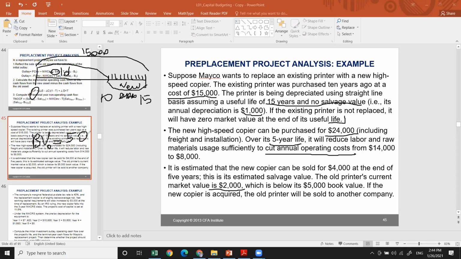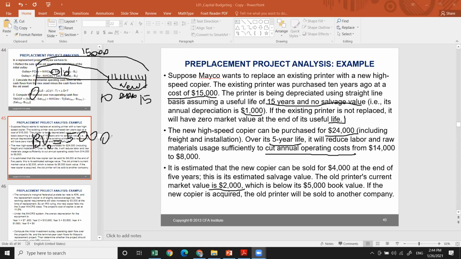How did we estimate that? We are in the 10th year. The book value is 5,000 because we have 5 extra years of life of the printer, and depreciation for 1 year is 1,000. Very good. Thank you so much, Ali.